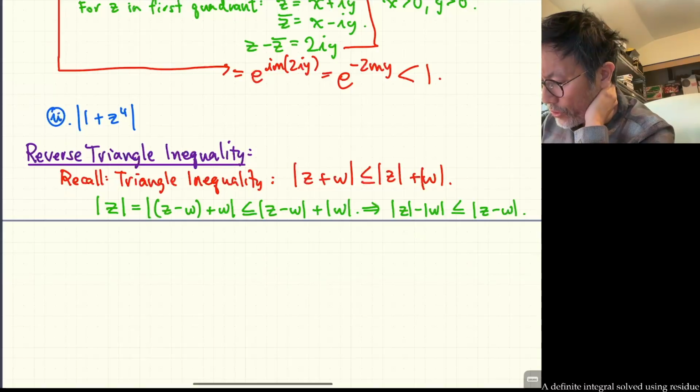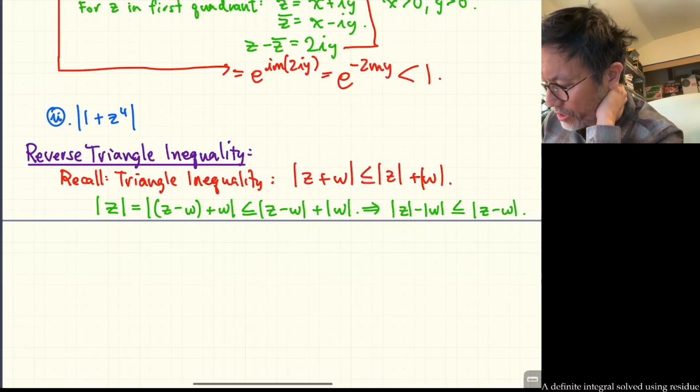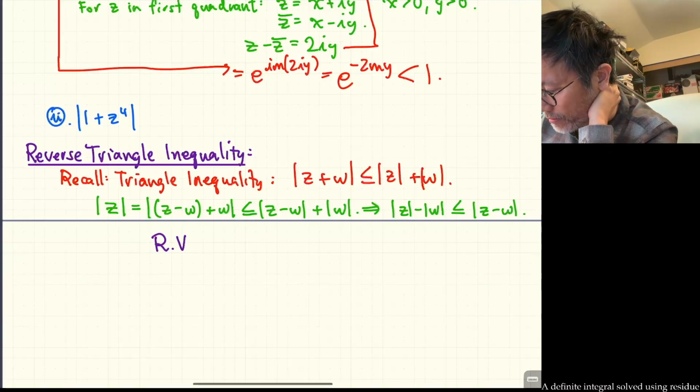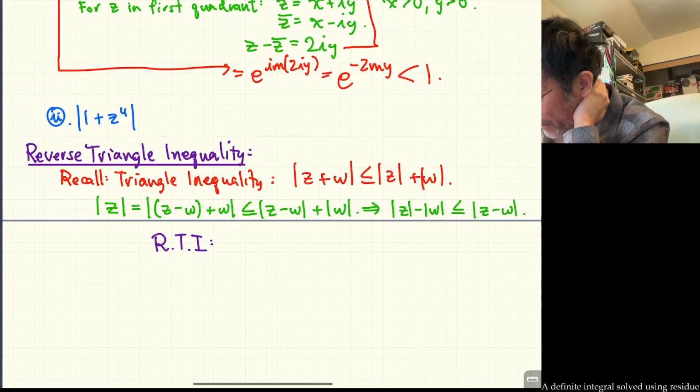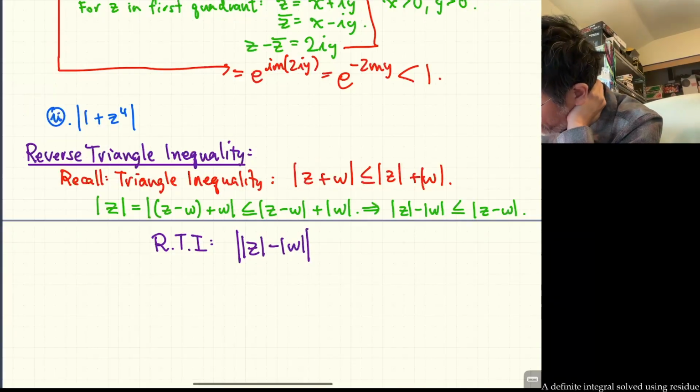So then we get the reverse triangle inequality, which I'm going to enshrine in the following way: the absolute value of the difference in moduli is bounded above by the modulus of the difference.